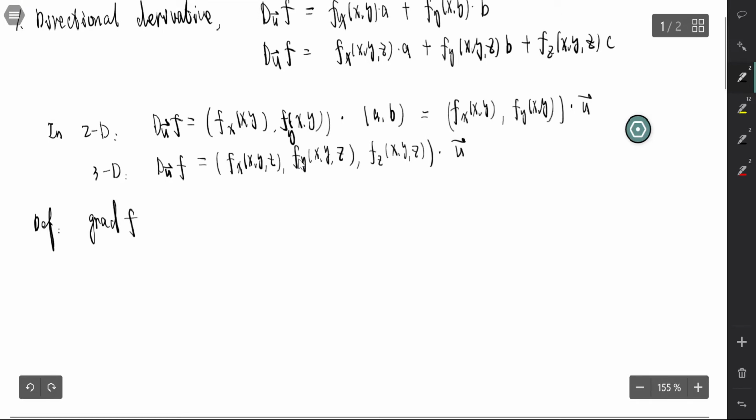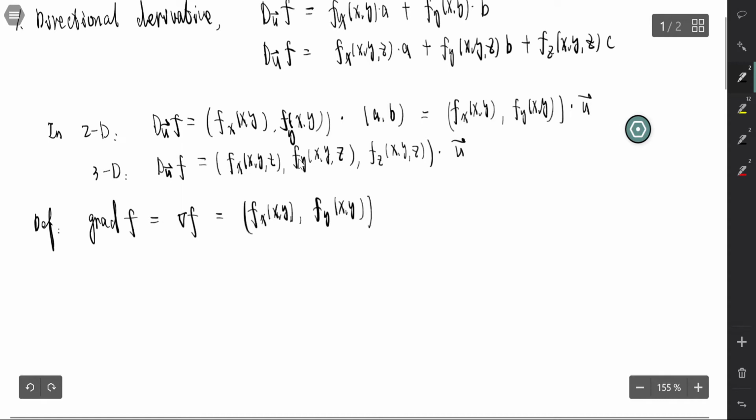Sometimes we write it as nabla f. This symbol is called nabla. Nabla f is (f_x(x,y), f_y(x,y)).